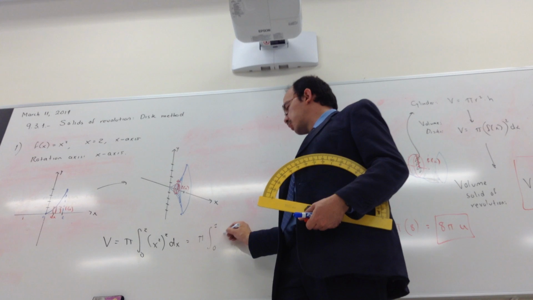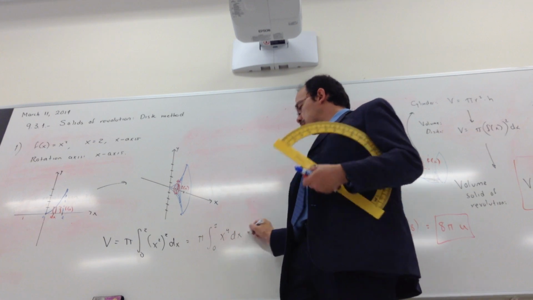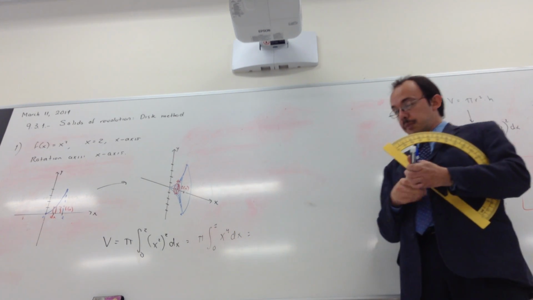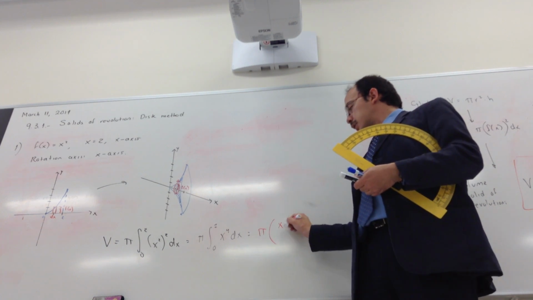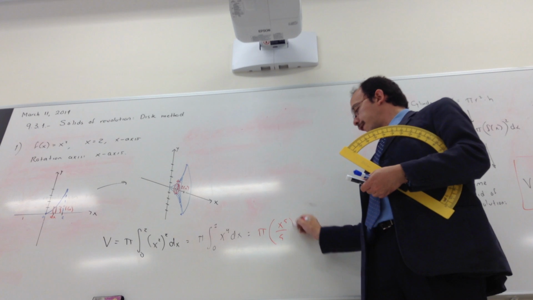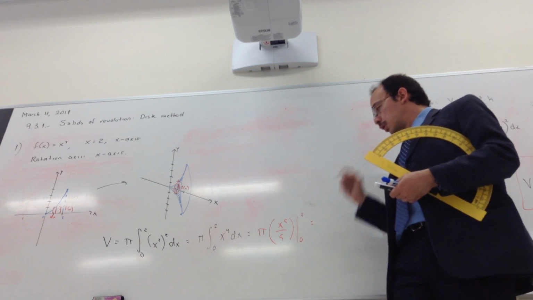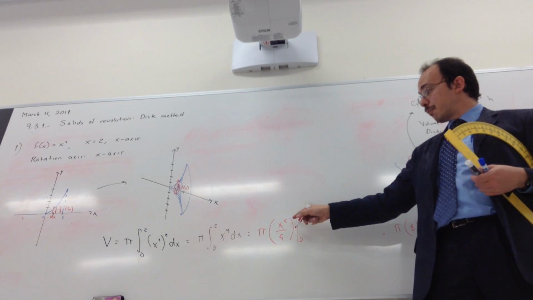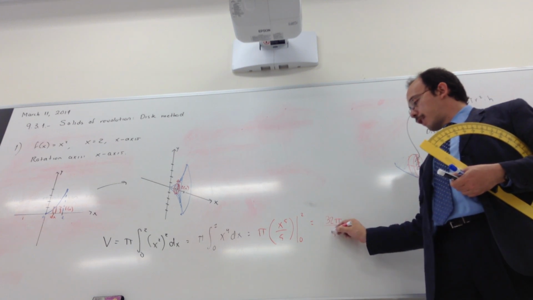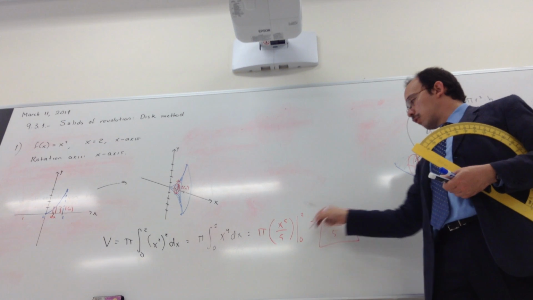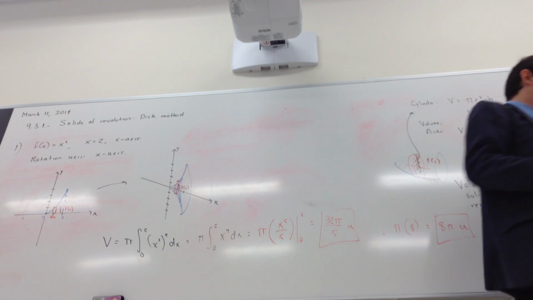Yeah, you can skip some steps and solve it. So pi x to the 5 over 5 from 0 to 2. So the answer is going to be 2 to the 5th power, 32 pi over 5 units. Why? Because the 0 will be captured.